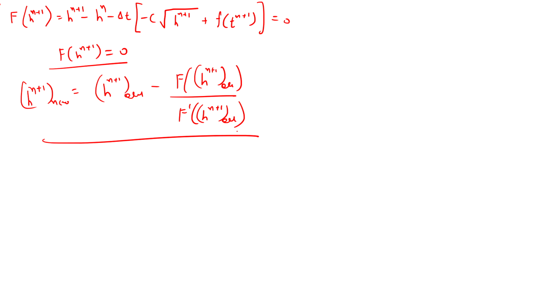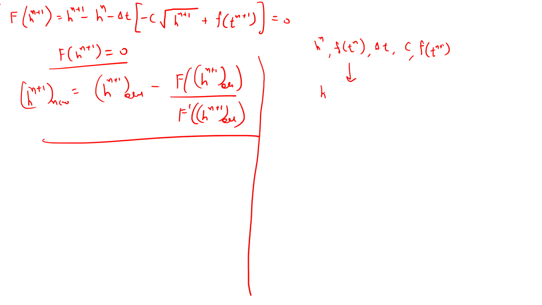So this was my expression. The algorithm is that first we have h_n, f of t_n, delta t, c and f of t_{n+1}. This is what we have. We will assume that h_{n+1} old is nothing but h_n.